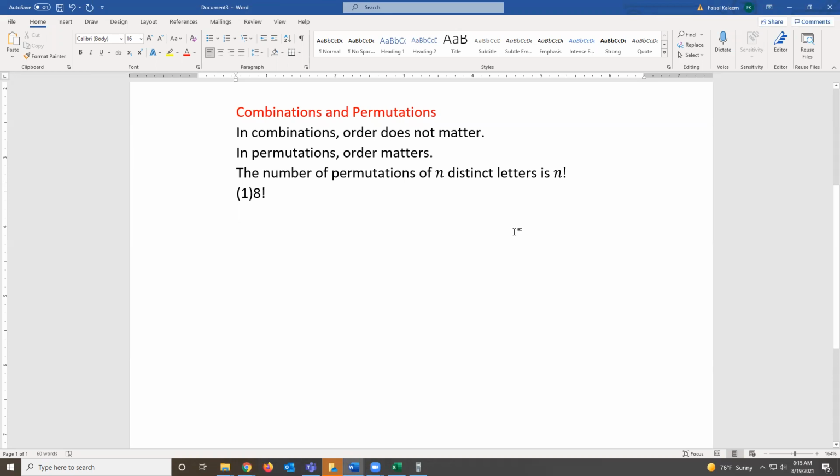Otherwise, if it's taken by a boy, then they cannot alternate, because the only way you could alternate is girl, boy, girl, boy, girl, boy, girl, boy, girl. So that way you'll have 5 girls and 4 boys.